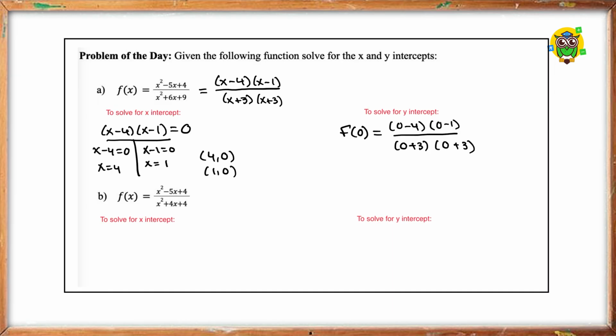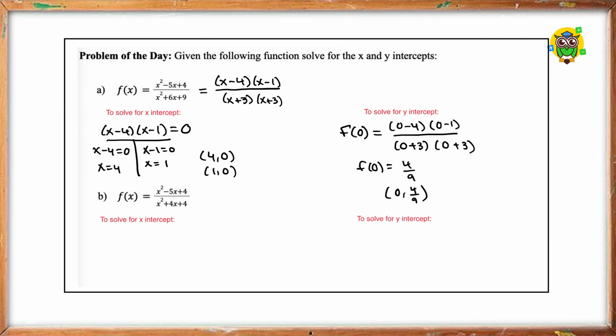We're going to simplify and solve for f of 0, and this will be equal to 4 over 9. So our y-intercept is going to be at (0, 4/9).